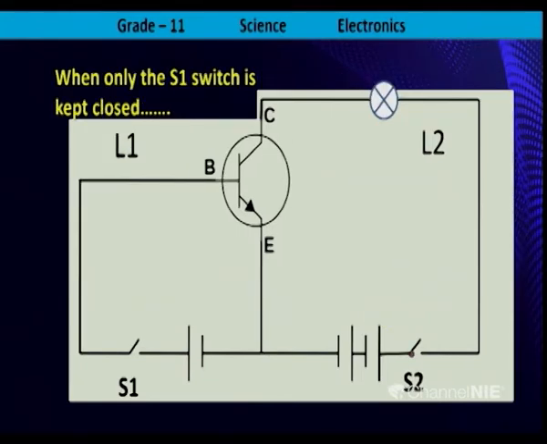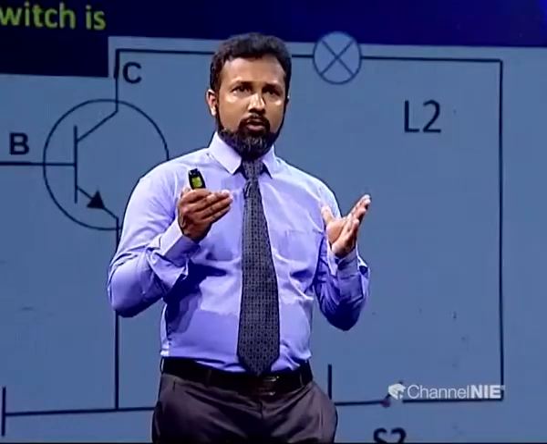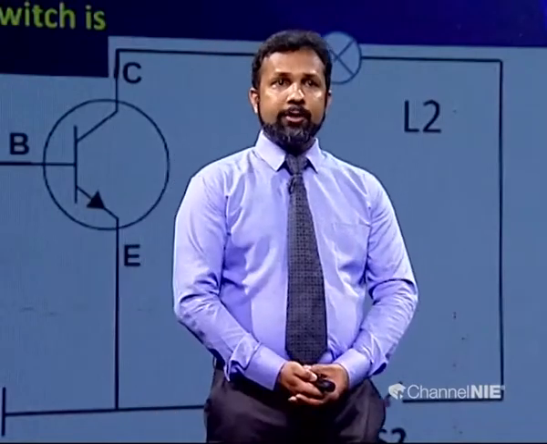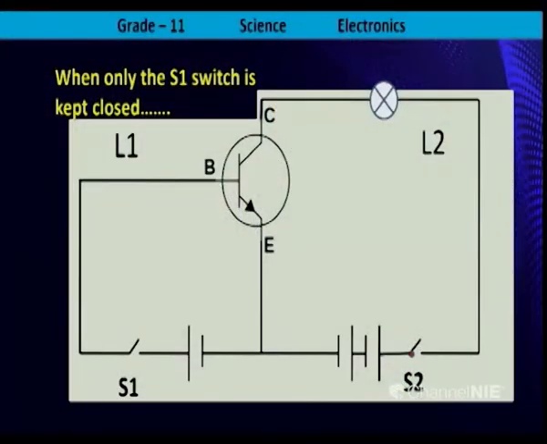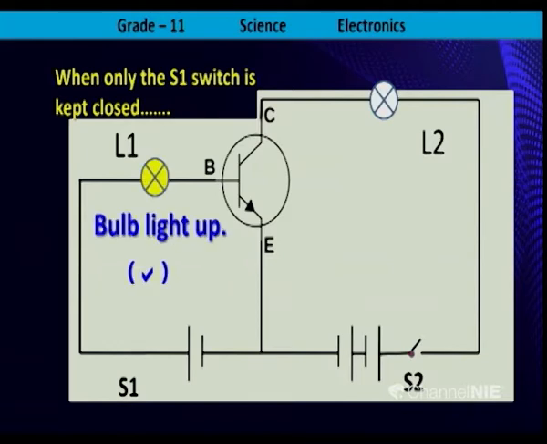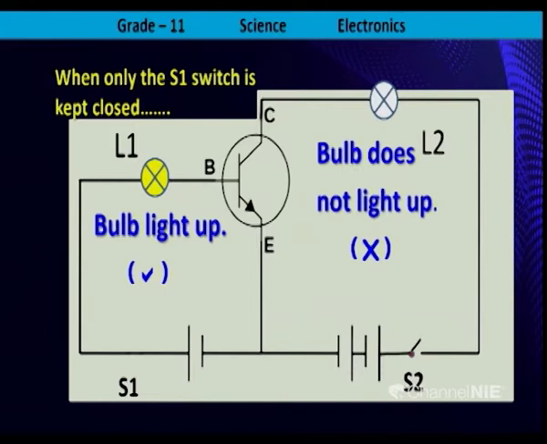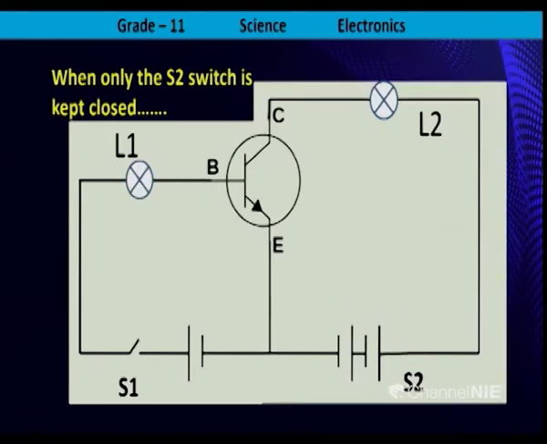Then we only close the S1 switch. When only the S1 switch is kept closed, what happens? L1 bulb lights up, but the S2 switch is still kept open, so the L2 bulb does not light up.